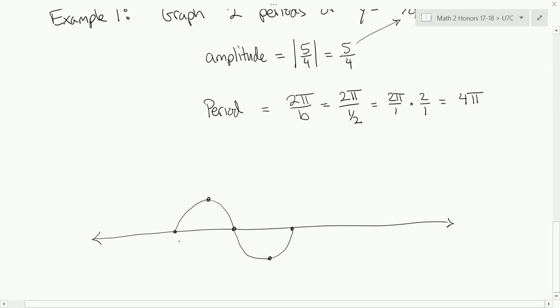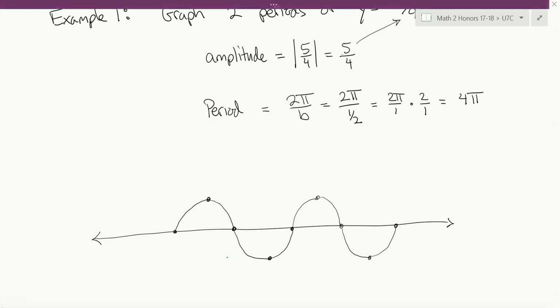And then we're going to do this again, because we want 2 periods of the function. So it's easier to graph the pattern first and then put the x-axis together after, okay? So there's 2 periods of the function.